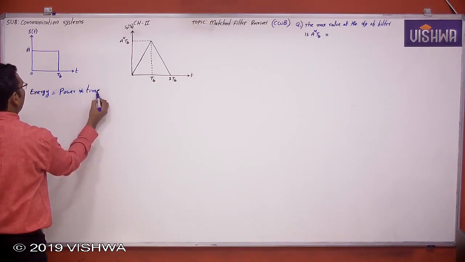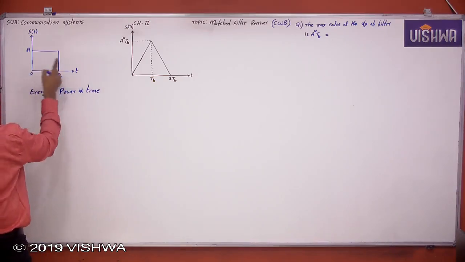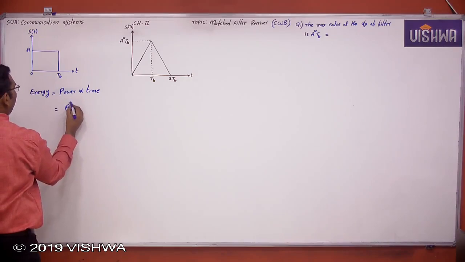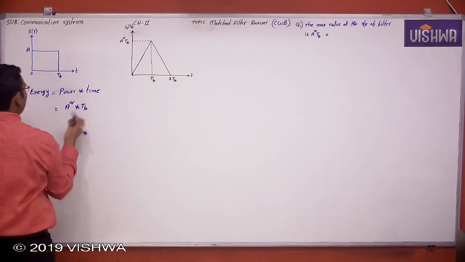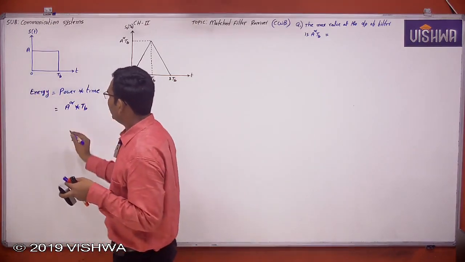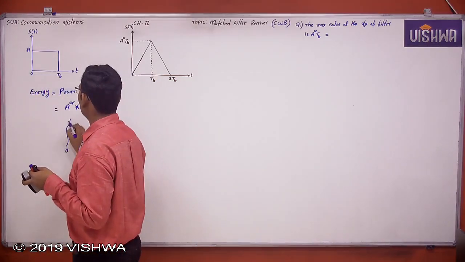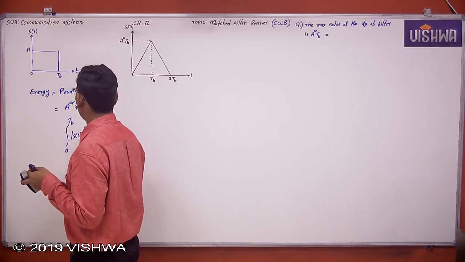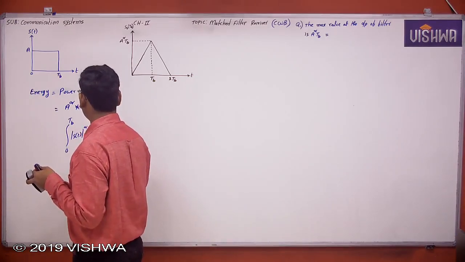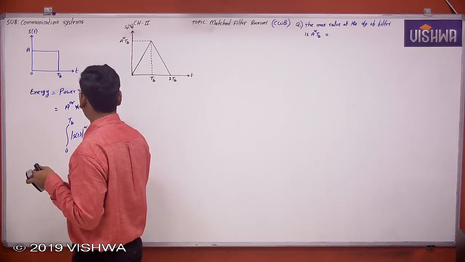This is not a sinusoidal signal, it is a rectangular pulse. What is the power? A squared. What is the time? TB. Is that correct or not? Or you can do the integration also.